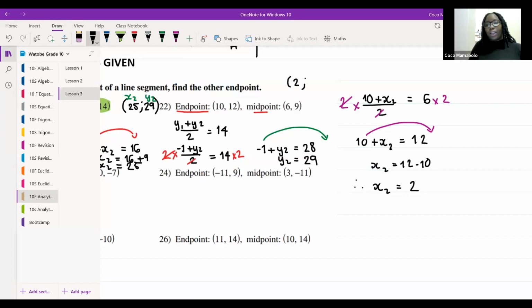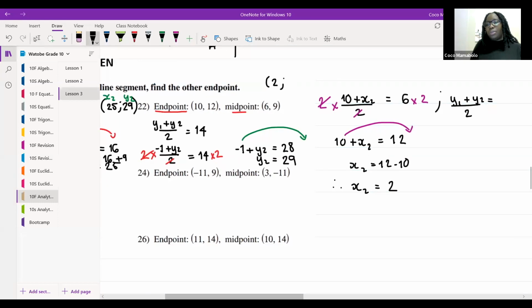Let's find the Y coordinate. What's the formula? Y1 plus Y2 over 2 is equal to 9. Excellent. Then we're going to replace our Y1, because we have an answer for Y1. What's the answer? It is 12.